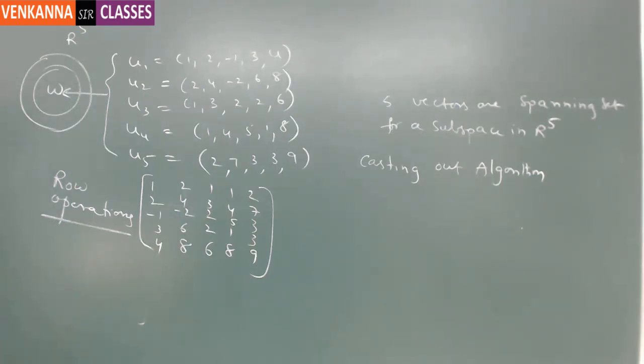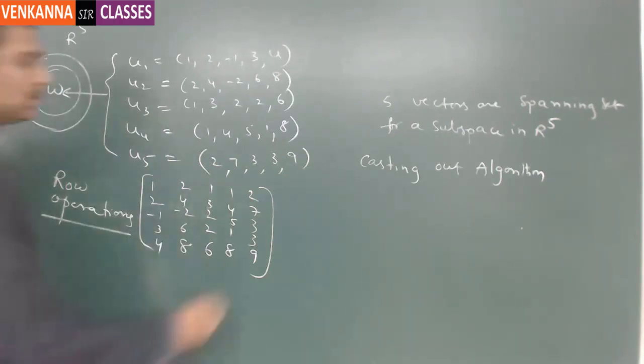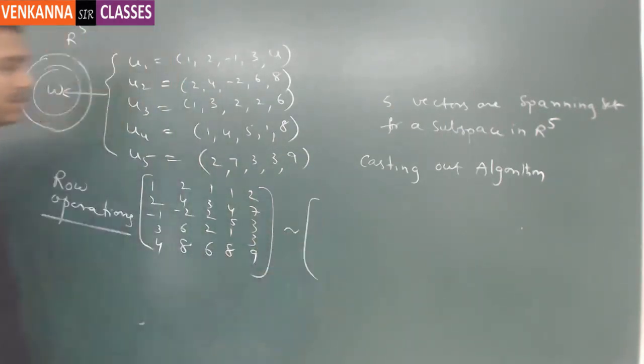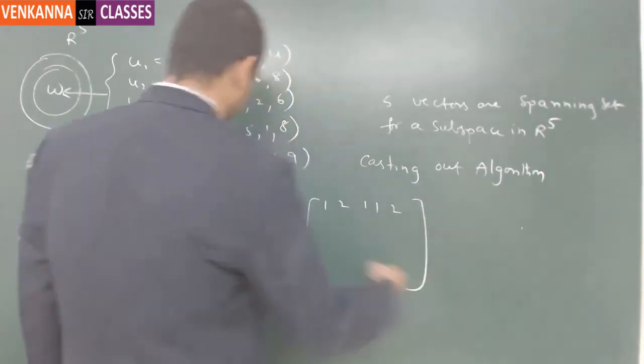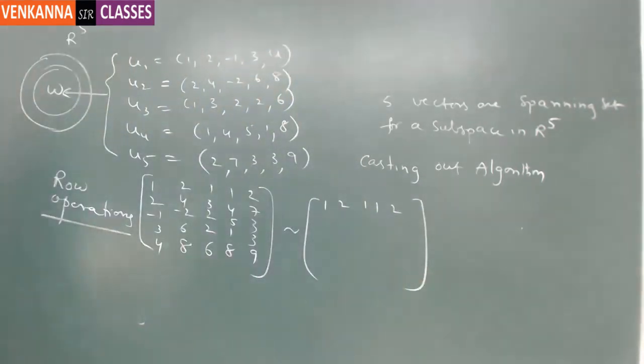The only thing is, usually we write vectors as rows. Here we write the vectors as columns. So you simply apply the row operations on it, and after reducing that into echelon form, it will become like this.